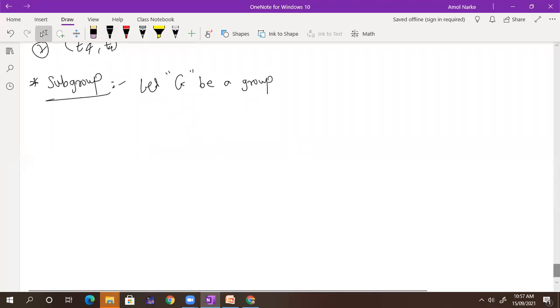Let G be a group and let H be any non-empty subset of G. So we have one subset of G which is non-empty.